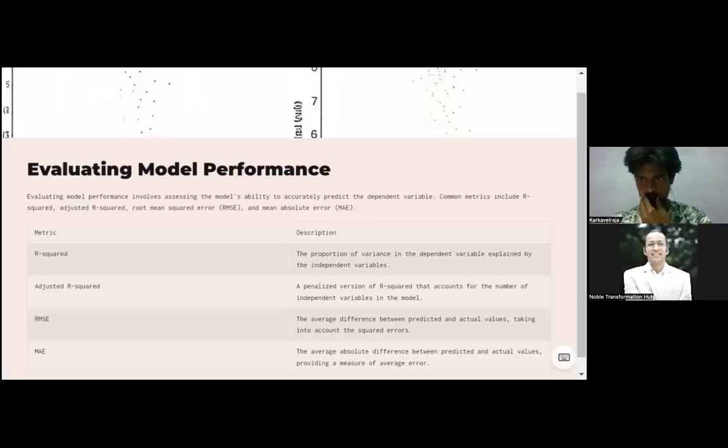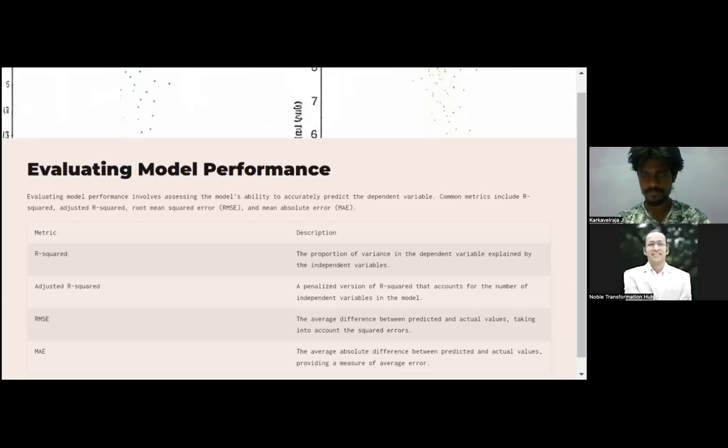Then we have RMSE, the average difference between predicted and actual values, taking into account the squared errors. Then we have MAE, the average absolute difference between predicted and actual values, providing a measure of average error.